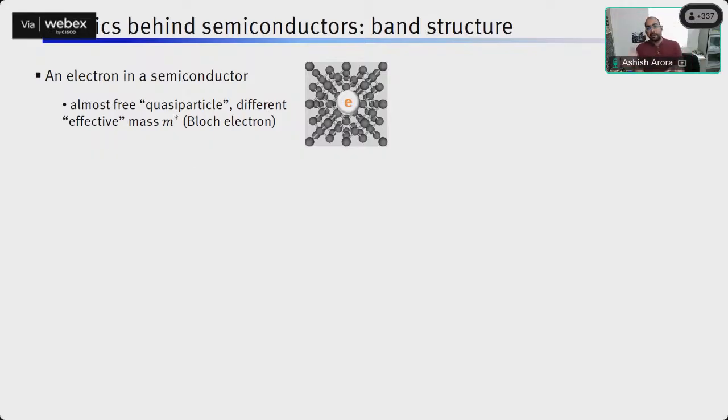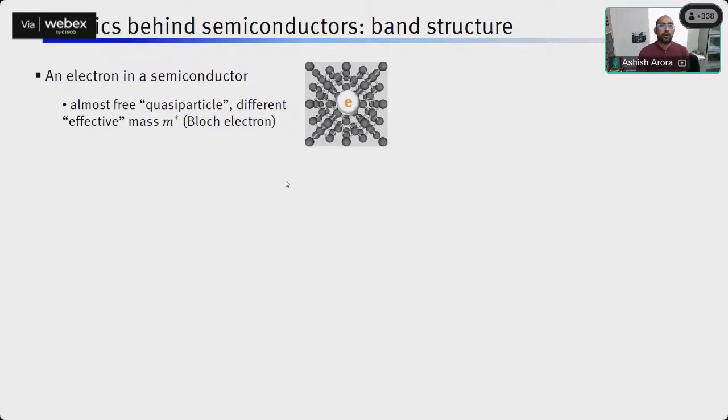Essentially, you apply an electric field and you check its motion, and the motion is now dictated by a different mass m star, and it's also called a Bloch electron. Essentially, the electron is behaving as a wave which is a part of this periodic potential of atoms. That's called a Bloch electron.